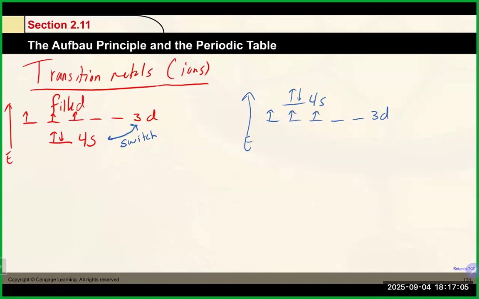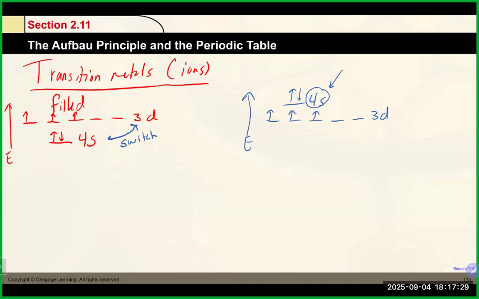And that's important because typically, for example, with any type of bonding, it is the valence electrons that are involved, and those are the highest energy level electrons. So when a transition metal loses electrons, and because they're metals they will make a positive charge, they will always dump out the 4s first, or in this case, the s electrons first.